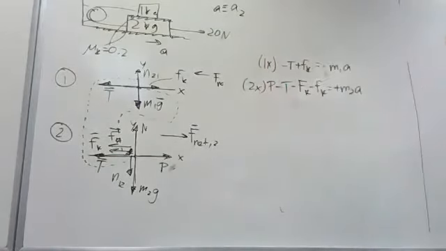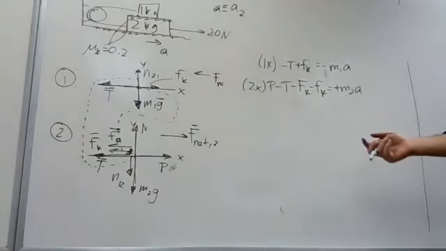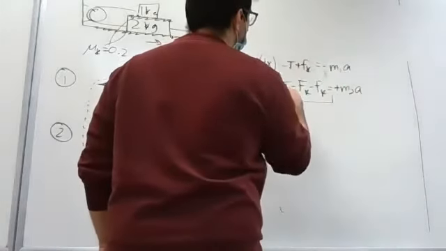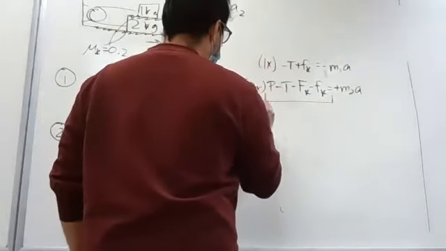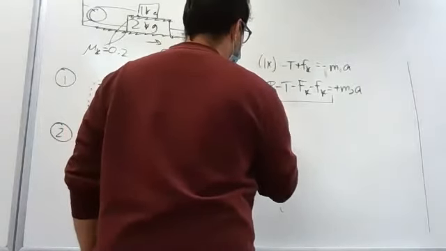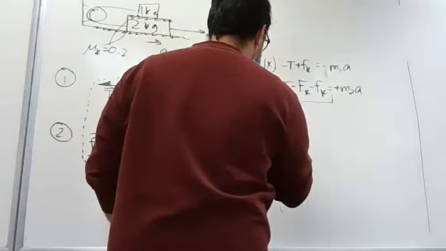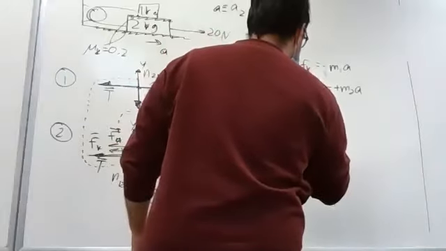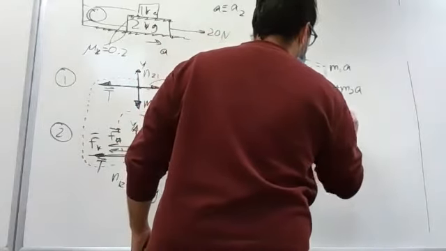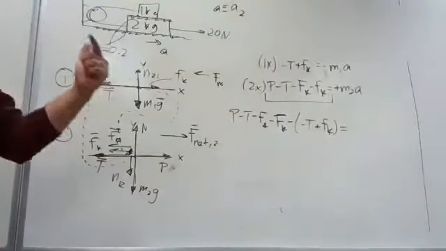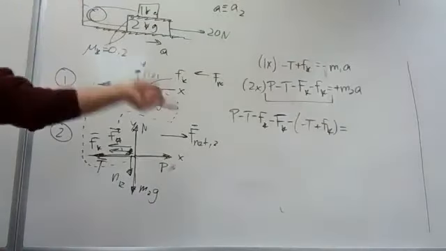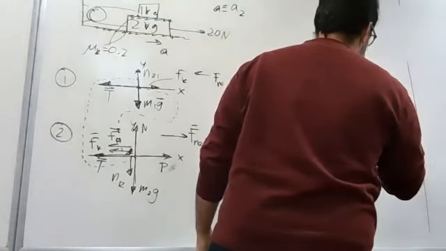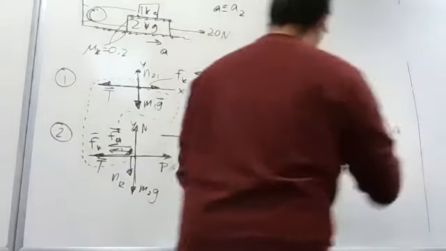So the question was, how did I get the 3? I subtracted these two equations, and so I got this thing minus this thing. So we've got to just rewrite it. The more work you do, the better, so you don't mess it up. Minus T plus fk, and hopefully we can all agree that M2 a minus M1 a is the sum of the masses times a.